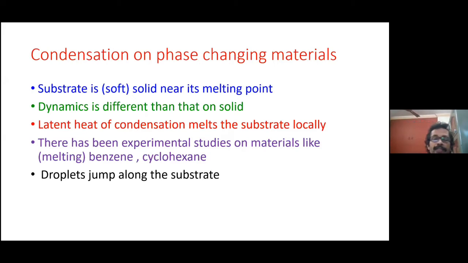That affects the incoming vapor and the formation of droplets. These droplets even start spinning before settling on the substrate, or they move rapidly, or they jump slightly along the substrate. This makes the dynamics quite different from when the substrate is altogether solid.